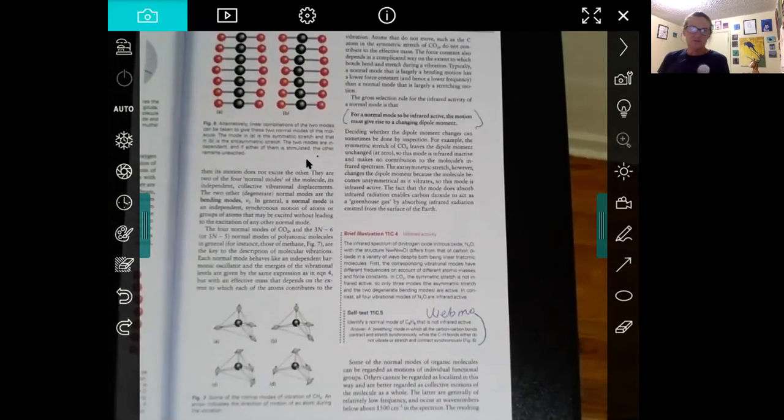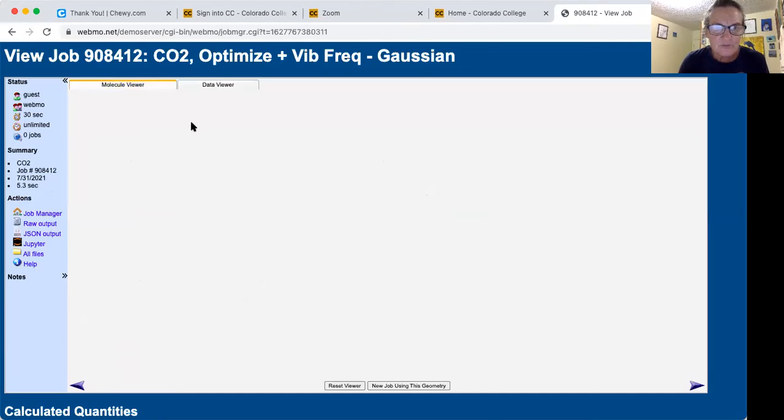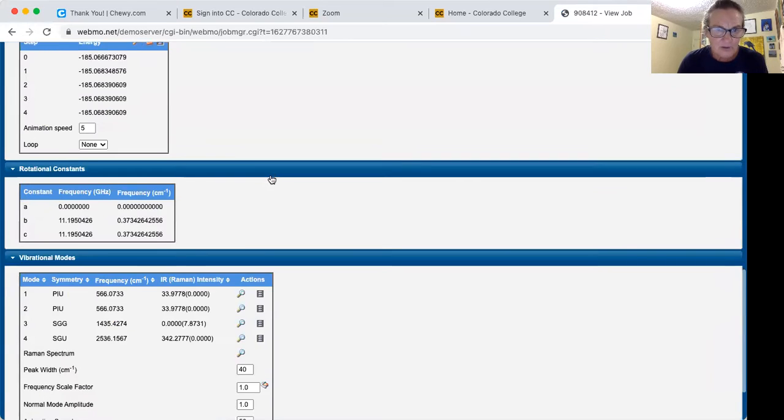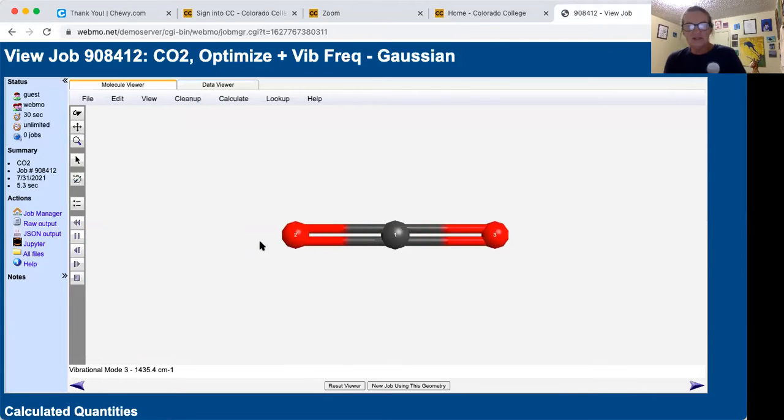So with CO2, I think I'll go back there because I'm going to go there again anyway. So with our CO2, this mode right here, the dipole moment isn't changing, so that's not going to be IR active.